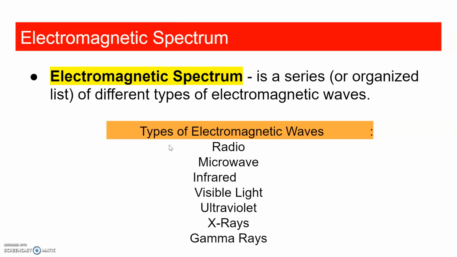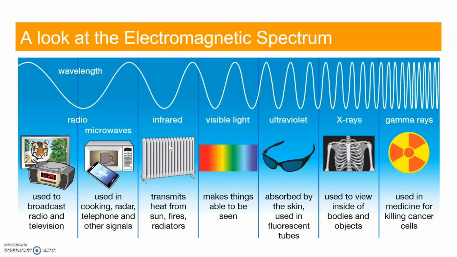So there are 7 of them: radio, microwave, infrared, visible light, ultraviolet, X-rays, and gamma rays. These are the 7 types of electromagnetic waves. So, for example, you have radio, microwaves, infrared, which transfers heat, visible light, ultraviolet, X-rays, and gamma rays.